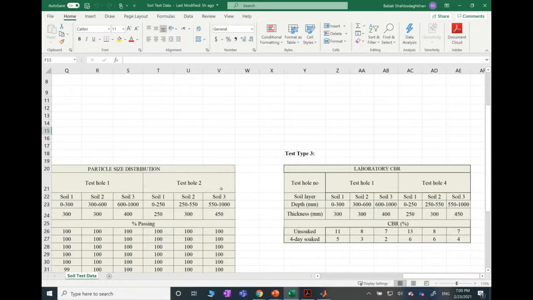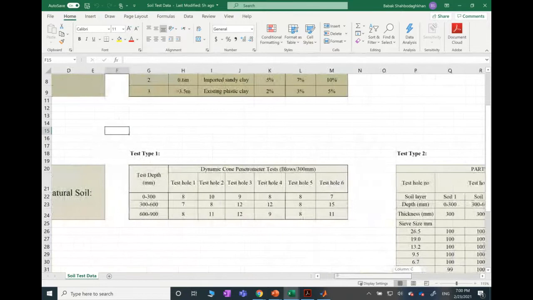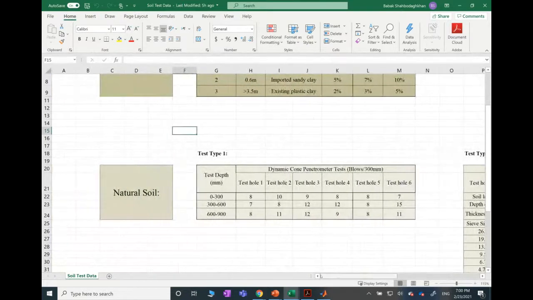So for the DCP test in the Excel sheet, can we consider 3 layers and calculate CBR for each layer? It is totally up to you. As I mentioned, this is based on engineering judgment, right?